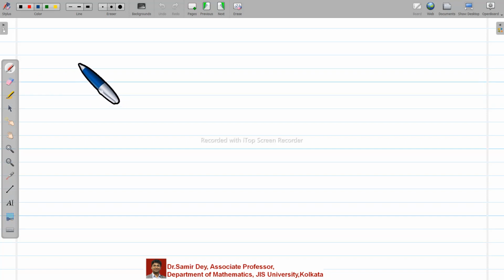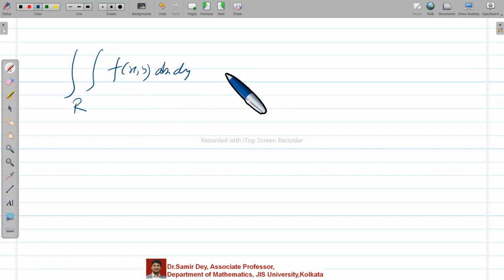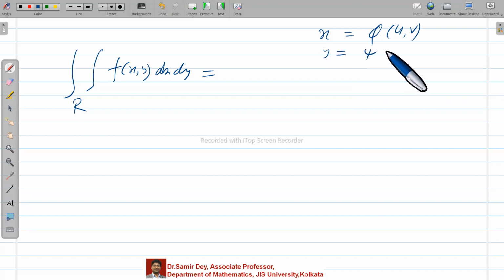Suppose, listen carefully, your double integration is given in terms of a region R: the double integral of f(x, y) dx dy. Suppose x is defined with respect to variables u and v, and y is also defined in terms of u and v. So that means x and y come to the double variable u and v.